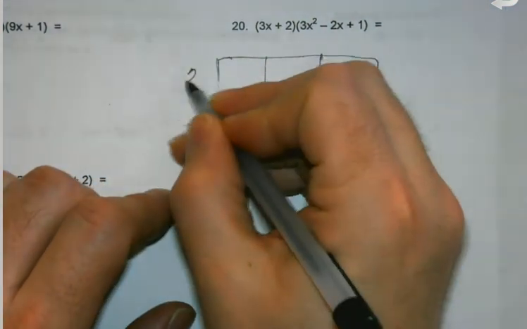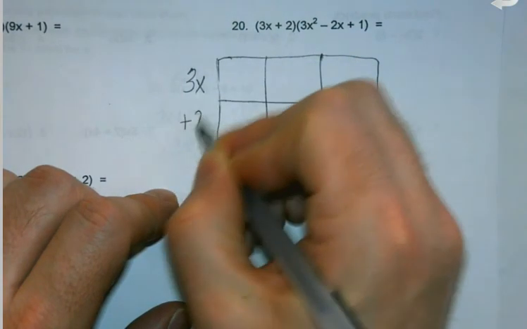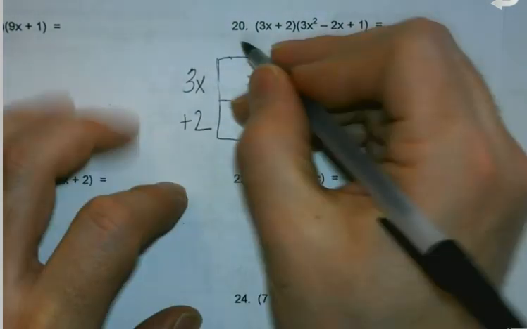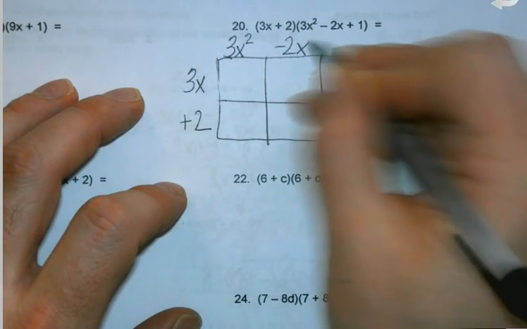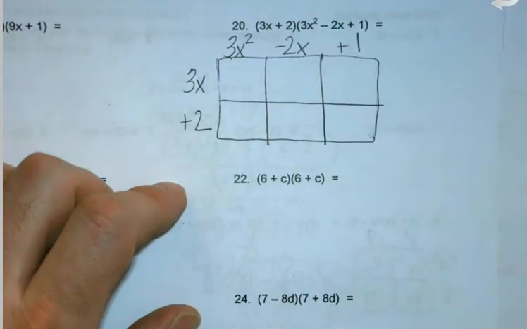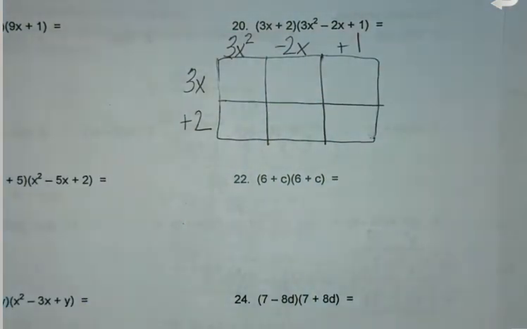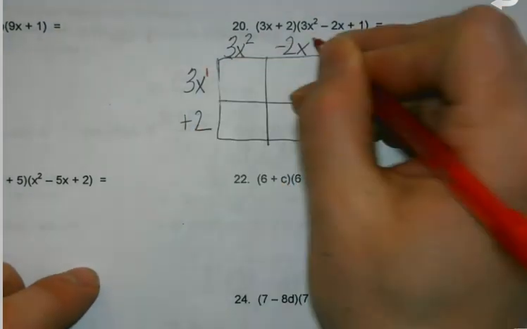So I've got two terms down the side, and I have my three terms along the top. Get my exponent in here.